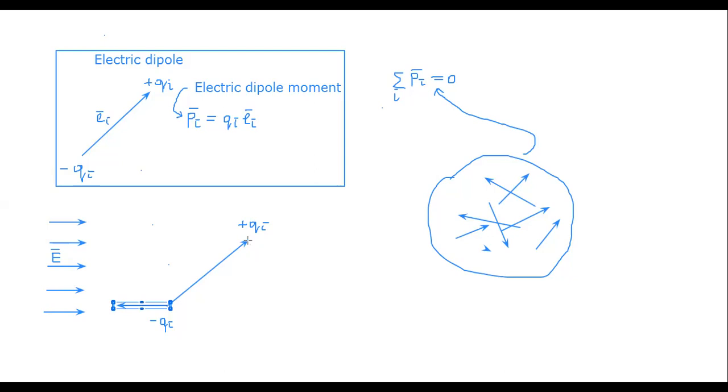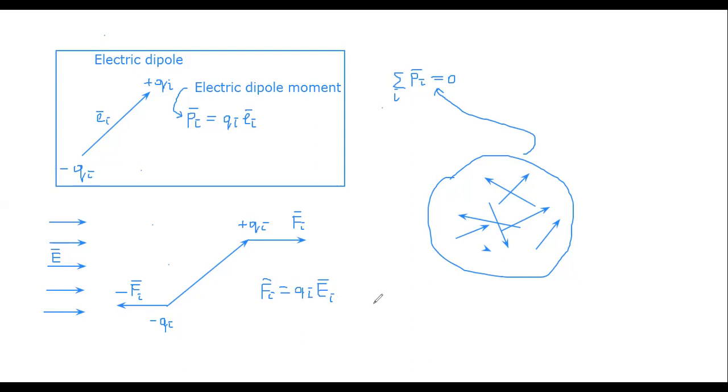Electrostatic interaction that can be shown in this way: force Fi and minus Fi. And we know from our previous lesson that this force can be calculated by the formula Qi multiplied by Ei.